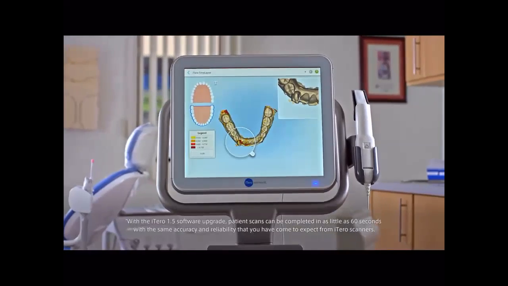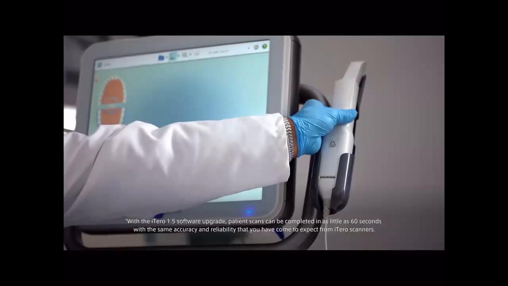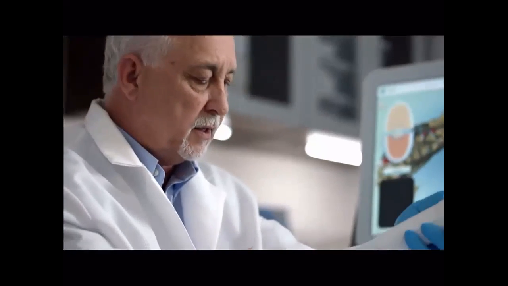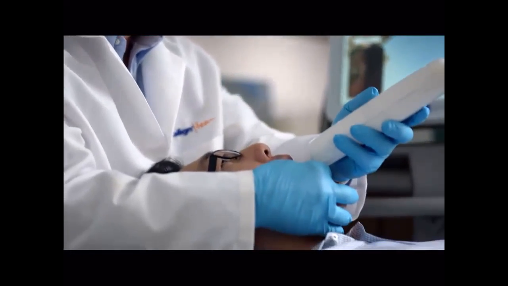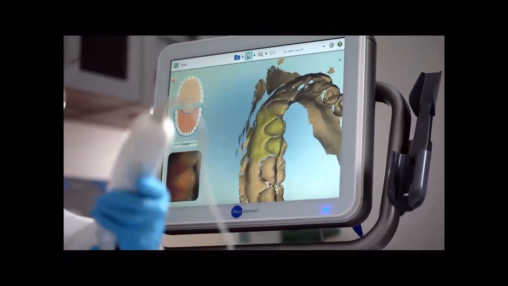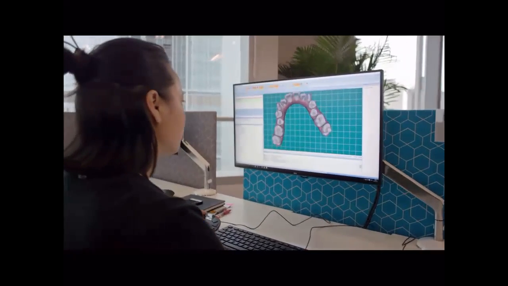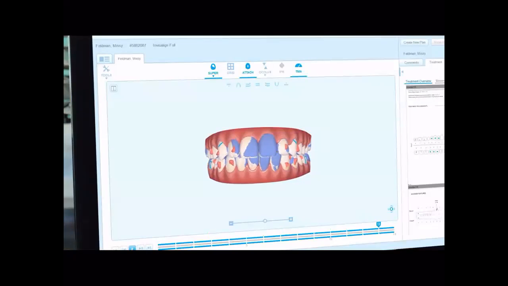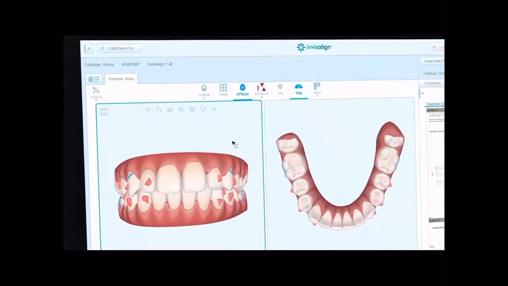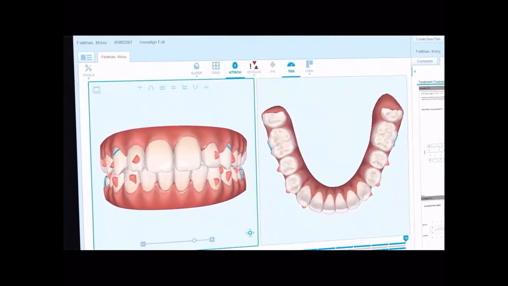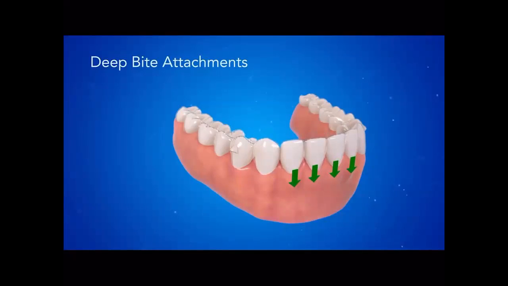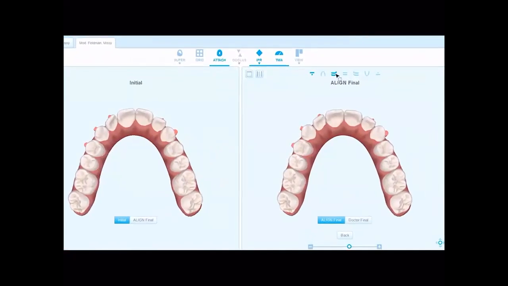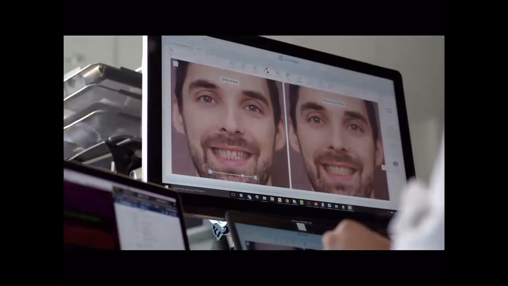It all begins with a 1-minute scan. The iTero intraoral scanner replaces goopy physical impressions with a precise 3D digital scan. Using Align's proprietary software, our dental technicians use the scan to create a virtual treatment plan customized for each patient. Doctors can modify the treatment plan to meet their patient's specific needs, from crowding or gaps to deep bite or overbite, pre-restorative alignment, and most everything in between.